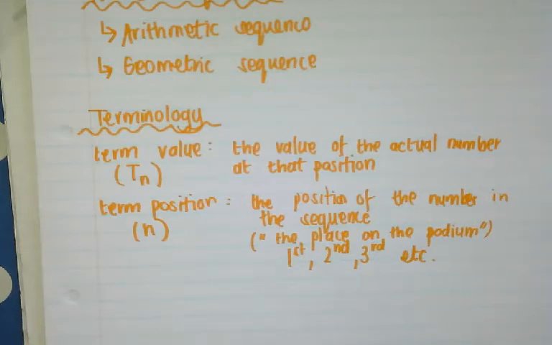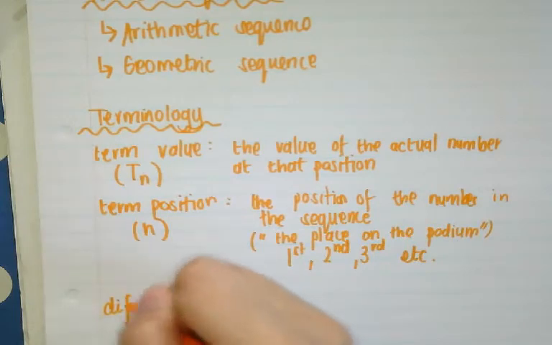Then we're going to go into the terminology of what makes these two patterns different. How do they differ from each other? So we need to know what difference means in terms of number patterns.